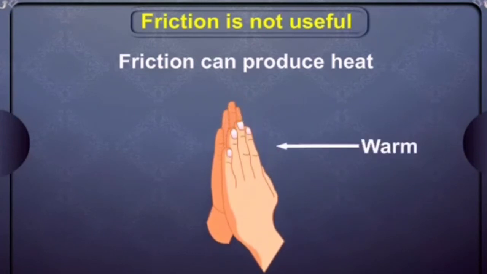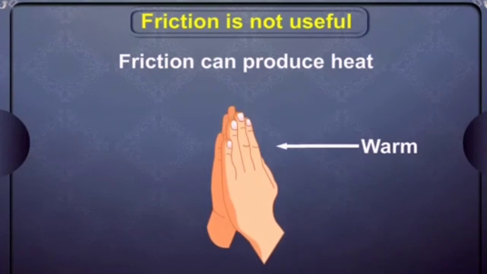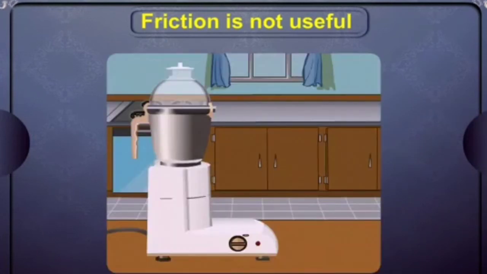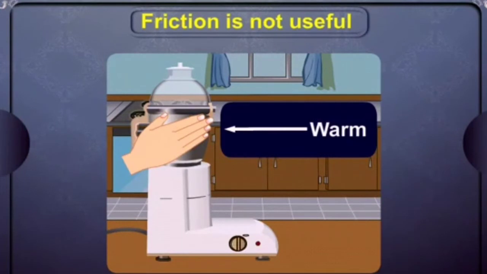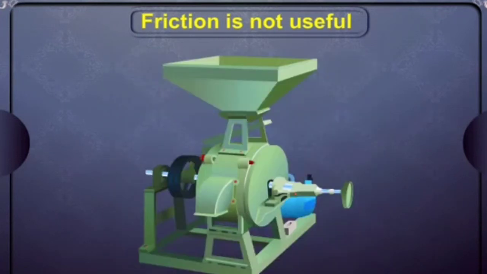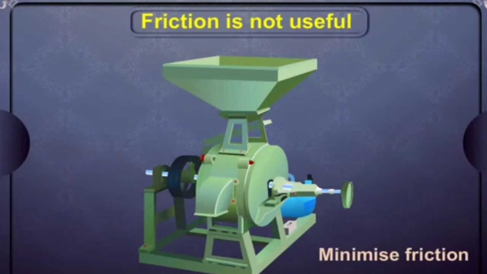You must have also noticed that the jar of a mixer becomes hot when it is run for a few minutes. Similarly, when a machine is operated, heat is generated, which causes wastage of energy. In such cases, we need to minimize friction.